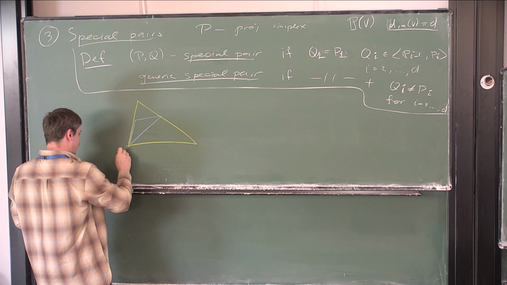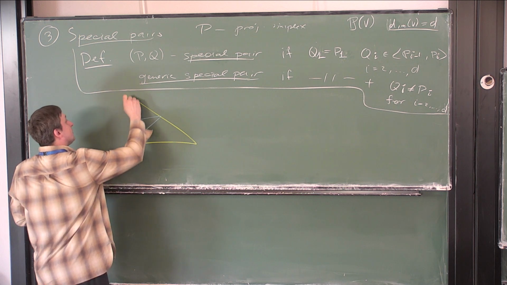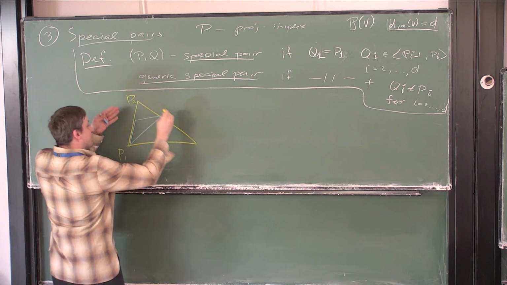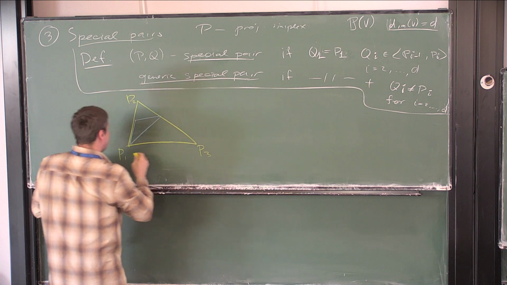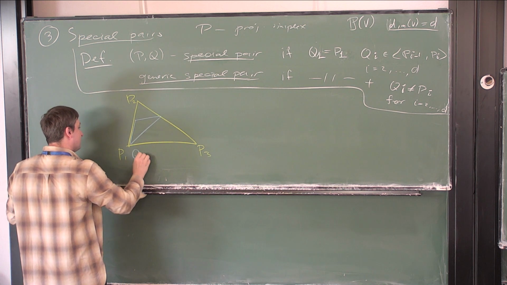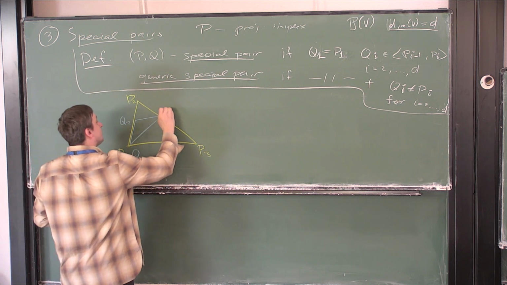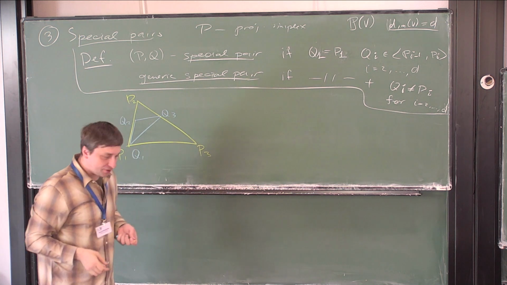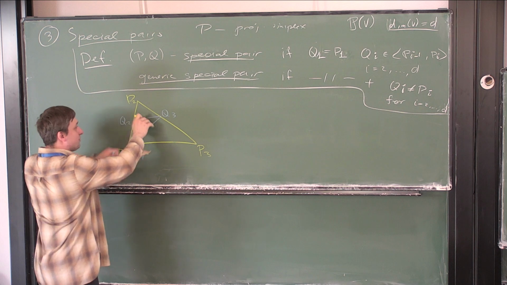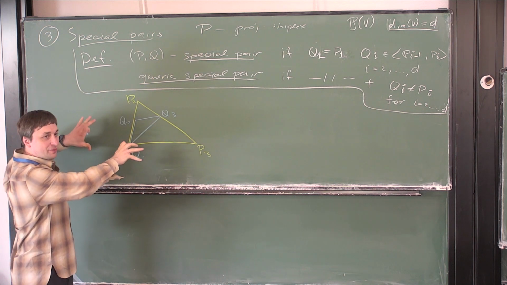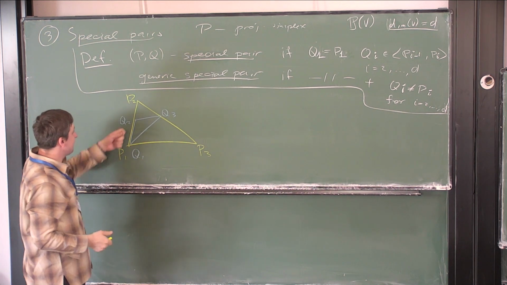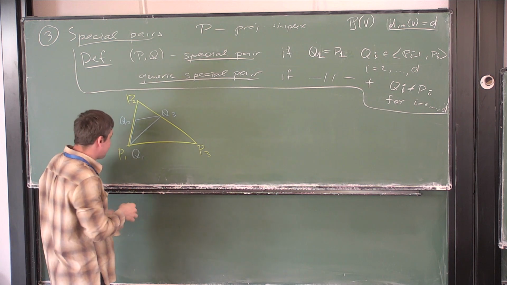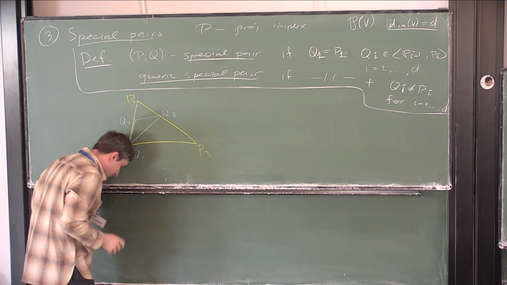So the picture was basically we had the outer simplex, which is given by the P's, and an inner simplex, which is given by the Q's. And this is all a projective picture. So this would be an example of a generic special pair. And what are the possible degenerations?